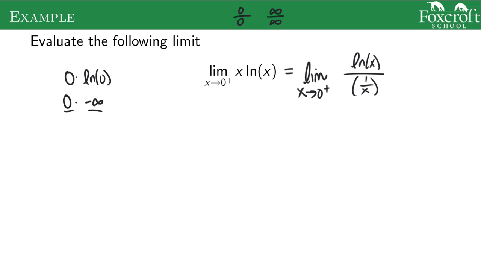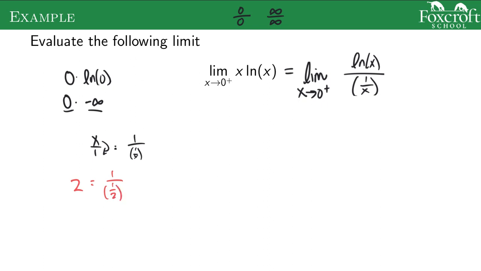There's a bunch of different ways you can see how we got from the left to the right. The first way is just looking at fractions. If I have x over 1 and I move this to the bottom and make it 1 over x, that's the same thing, because dividing by 1 over x is the same as multiplying by x, just like reciprocals: 2 is the same thing as 1 over 1/2.